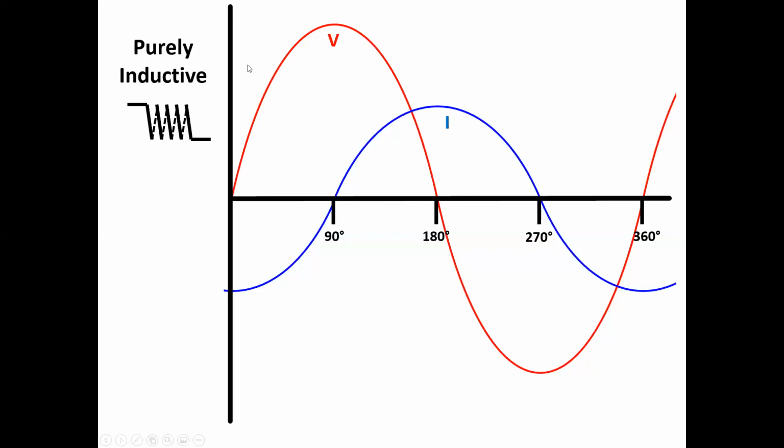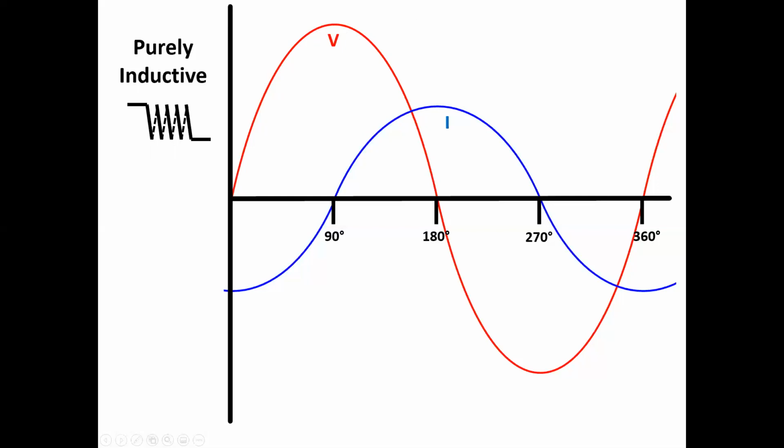So remember, this vertical line is actually moving left to right. And whichever peak value it hits first, that is the leading component. So that means the voltage peak happens first, and then the current peak happens second. So the current lags the voltage.